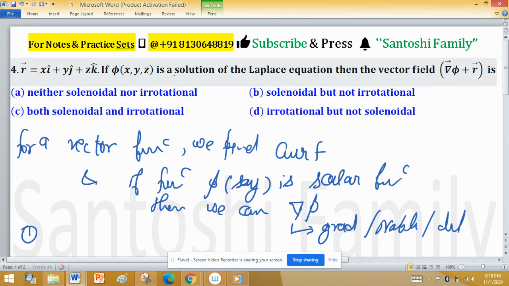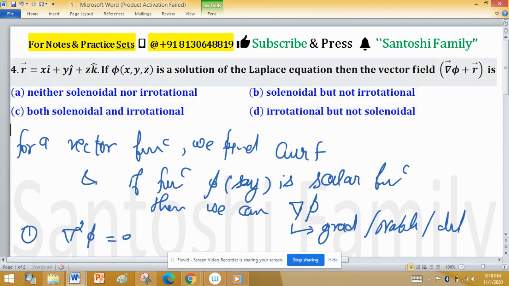Now we have to remember a few points. As phi is given to us as a solution of the Laplace equation, that means nabla square of phi is 0.